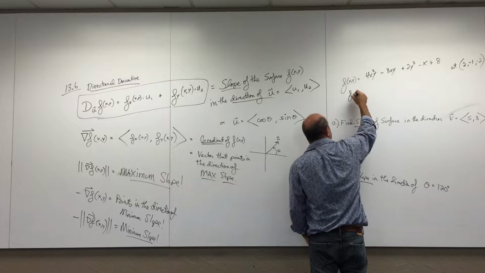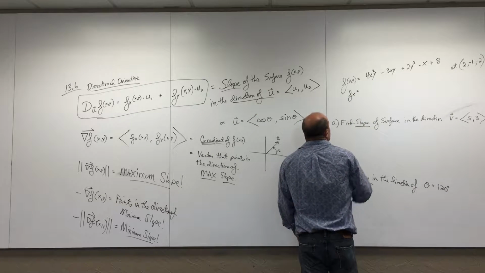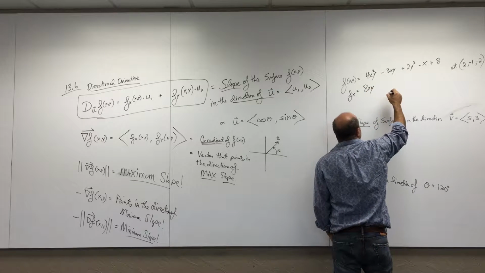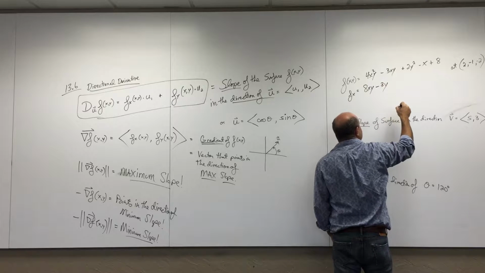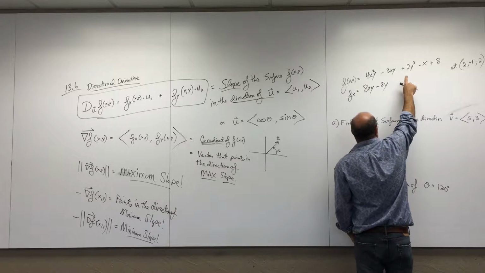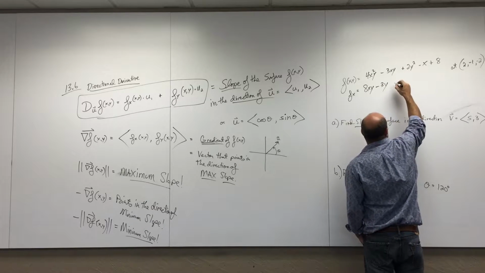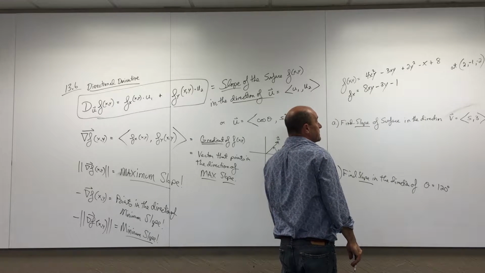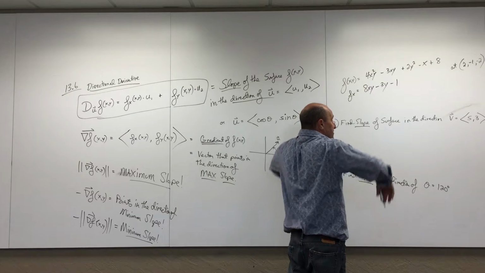What is fx? 8xy, is that how you do it? Minus 3y. I'm treating the y's like constants, so that goes away. Minus 1. I think that's the partial derivative with respect to x. That's in general.